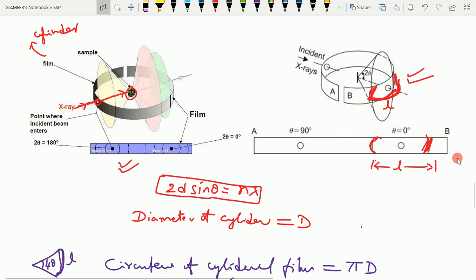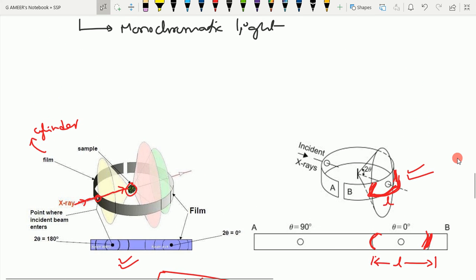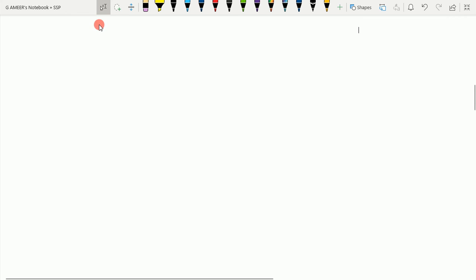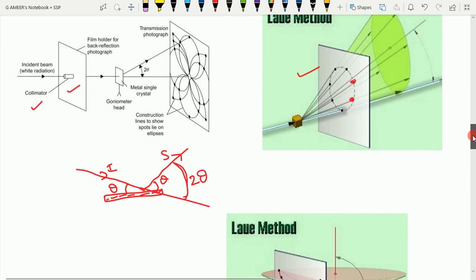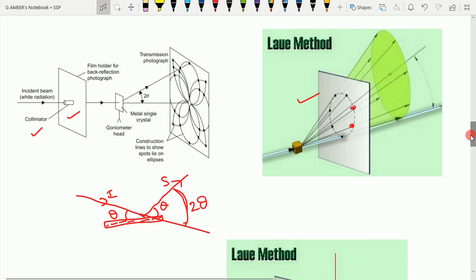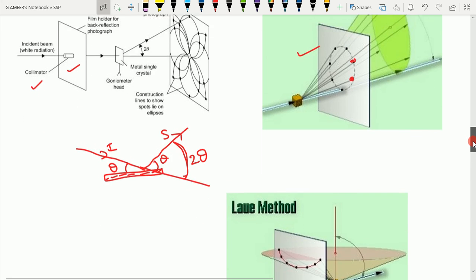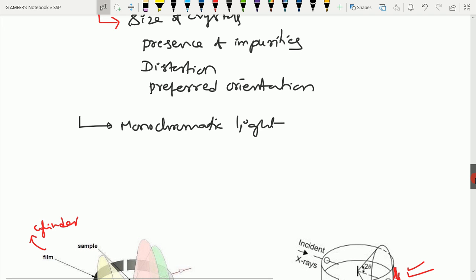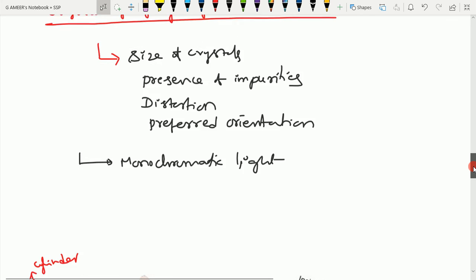In one we are using a single crystal with monochromatic light, and here it is a powder, so the crystals will be in the form of a powder. In the Laue method there is a transmitted light as well as reflected light. Even in the powder method there is a reflected light as well as transmitted light.